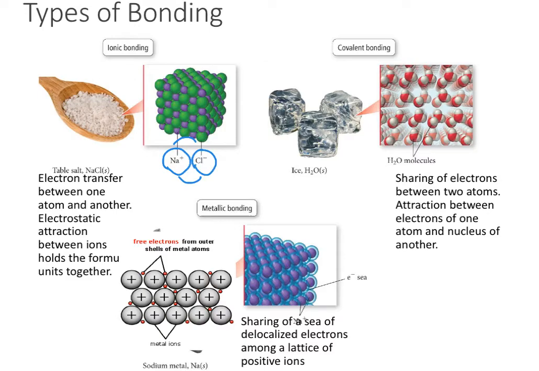So you don't have individual, quote, molecules of, let's say, sodium chloride. You have a big three-dimensional conglomerate of ions that are massively attracted to each other. And that's why most ionic compounds are crystalline solids, because there's such tight packing between them.